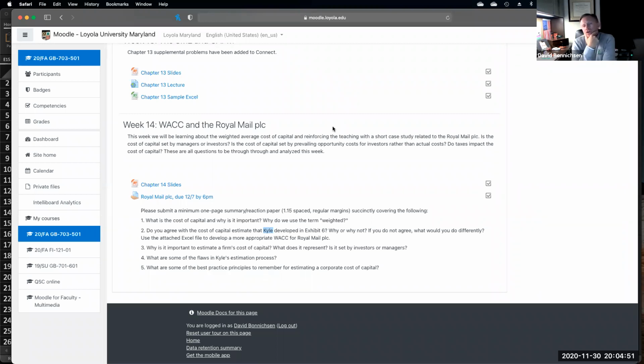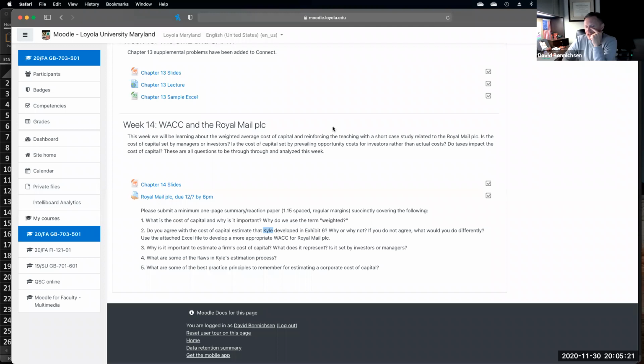Your job is to look at the methodology that he used and decide whether it is realistic or not. And it's not. I'm just going to go ahead and tell you that. So don't think that you can get out of this assignment by saying, yes, it's realistic. It's not realistic. So why is it not realistic? What would you do differently about it?